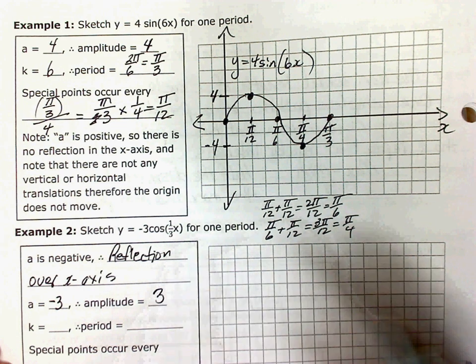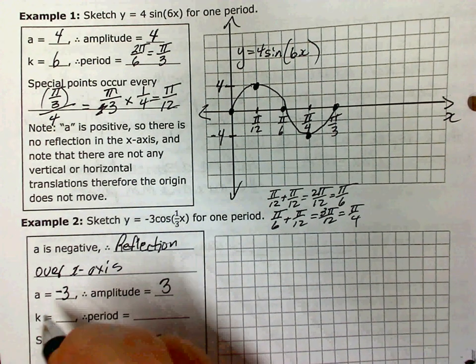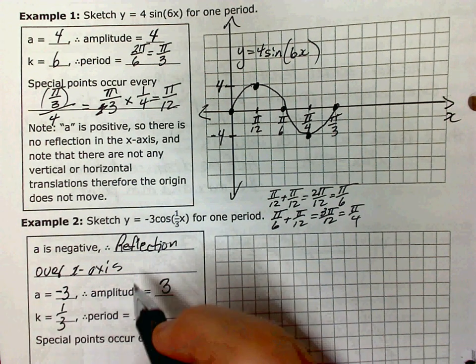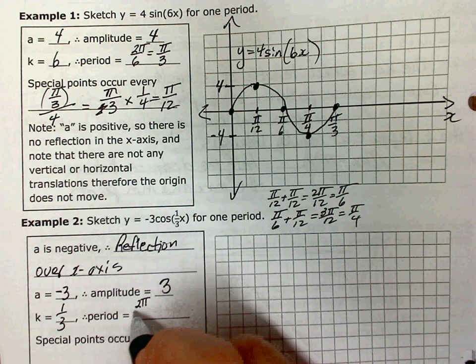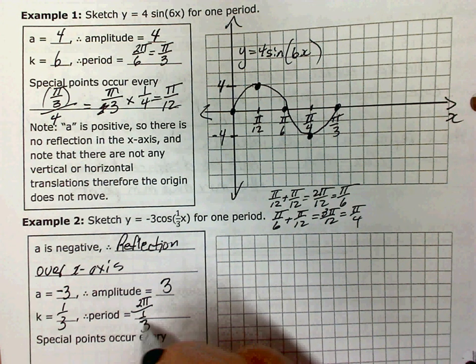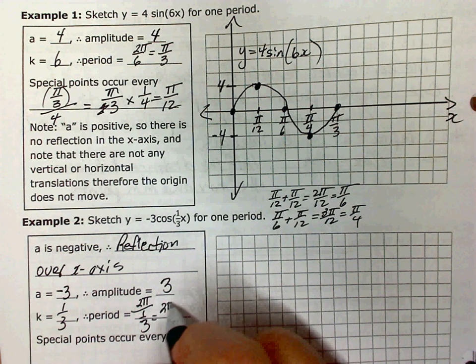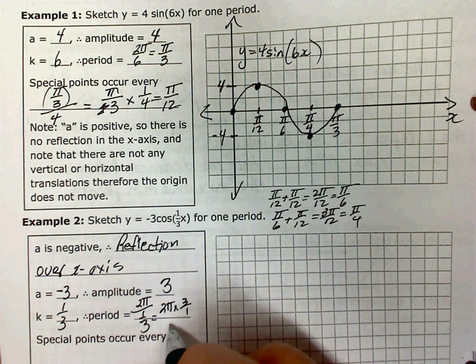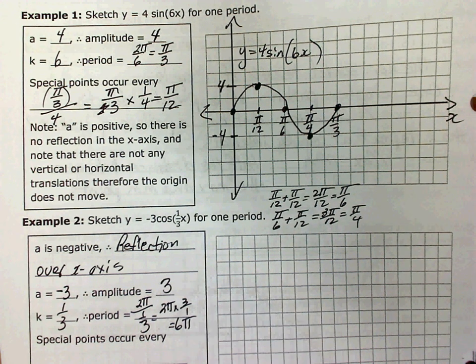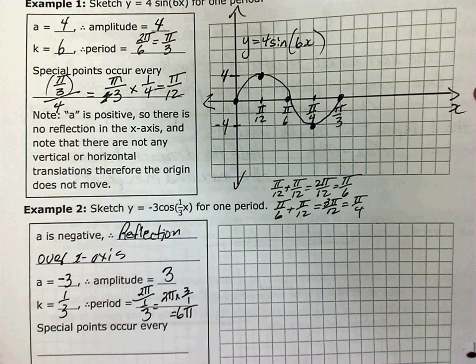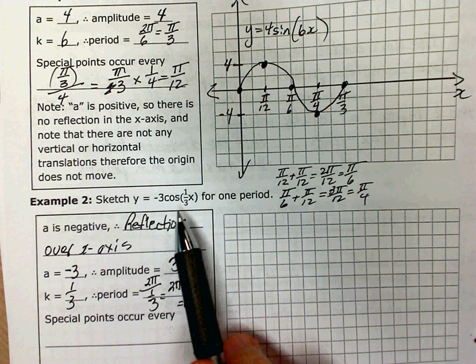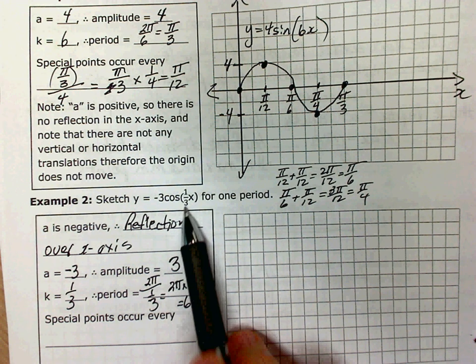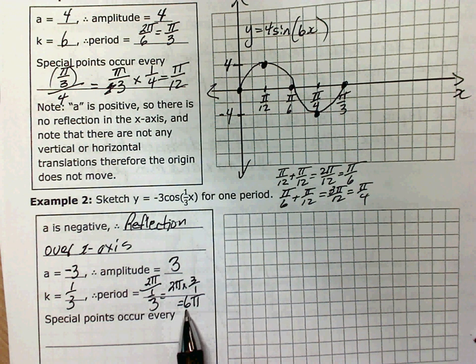K is 1/3. So the period is 2 pi divided by 1/3, which is equal to 2 pi times 3/1 equals 6 pi. There's a horizontal stretch by a factor of 3. Instead of the period being 2 pi, the period is now 6 pi. 2 times 3 is 6.